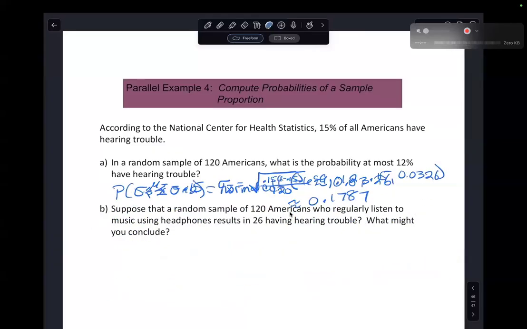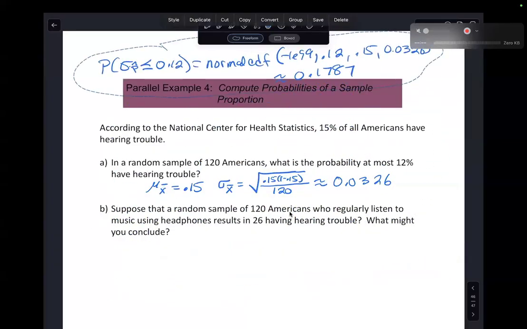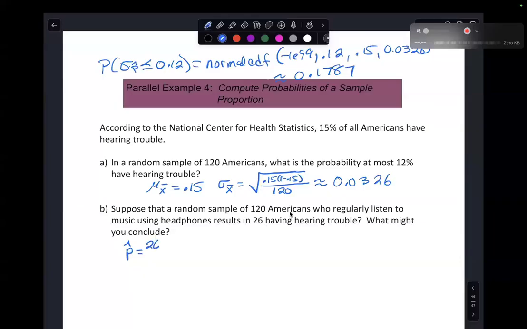So we're looking for the probability of having 26 out of 120 that have hearing trouble. I know it's hard to think about: do I do less than? Do I do greater than? I take a look at my p hat when I'm trying to decide. I find my p hat.